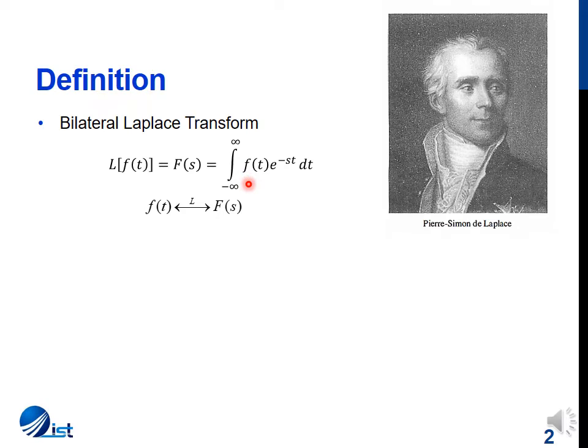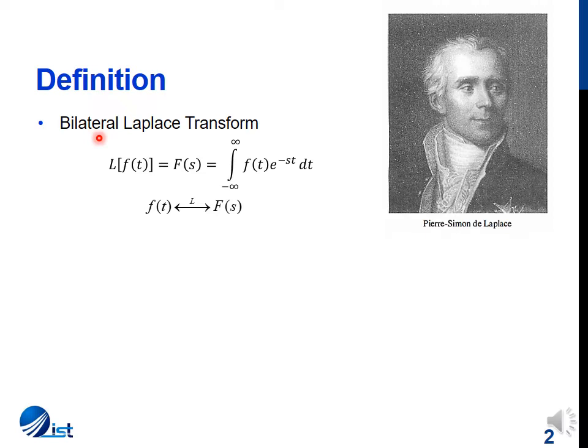In our book as well as in several other textbooks, unilateral Laplace transform is also introduced, where the limits of integration are from 0 to infinity, and the relationship of unilateral Laplace transform with bilateral Laplace transform is explored. But for our course, we'll be seeing a bilateral Laplace transform only.